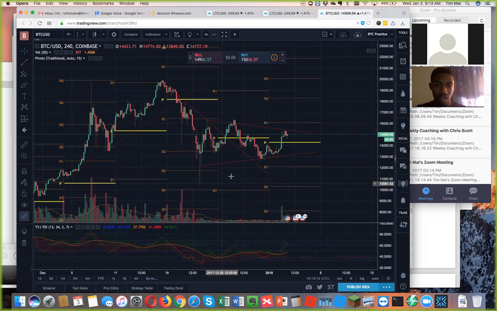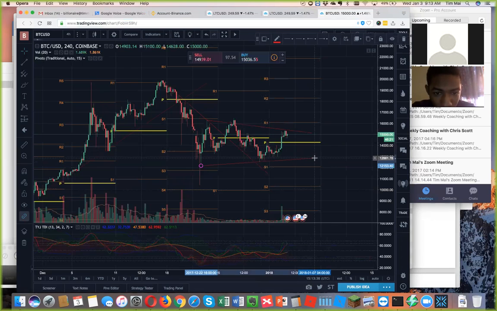For example, now that I'm looking at this, I see how this one is kind of wrong. I have several dips beyond that right there, so that's not true.